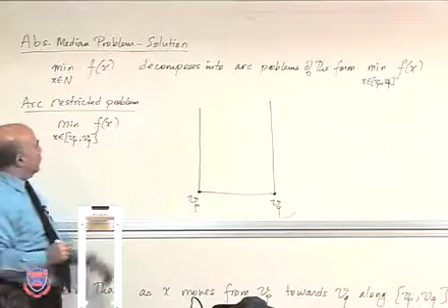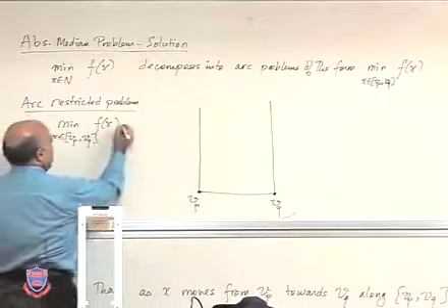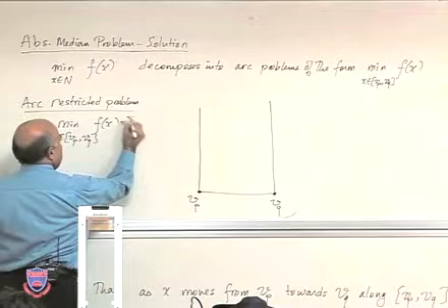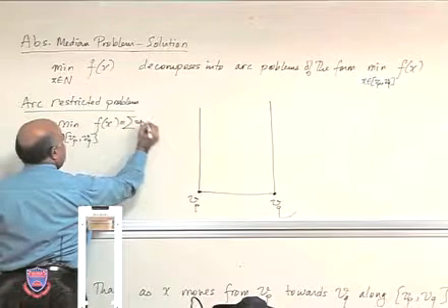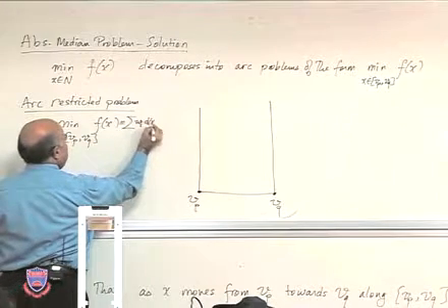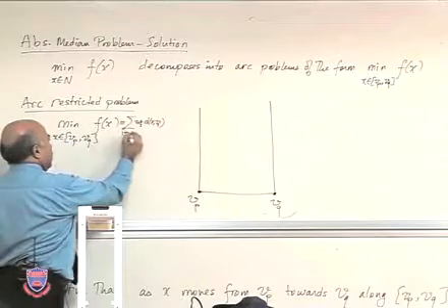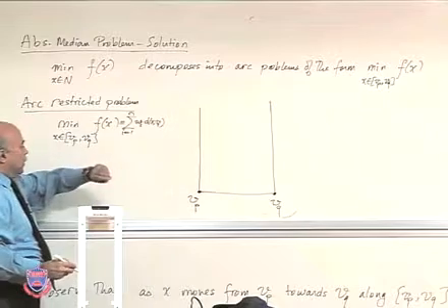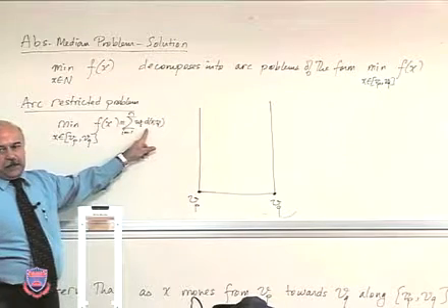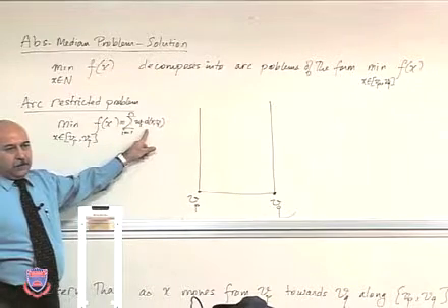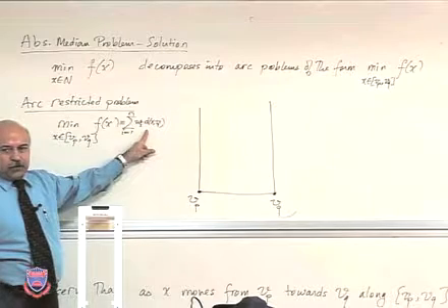Now, this f of x is defined by the sum of wi d(x, vi), i going from 1 to n. I'm going to take these one at a time. In other words, take the first index i equals 1.